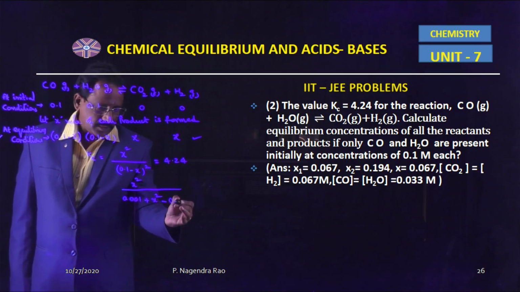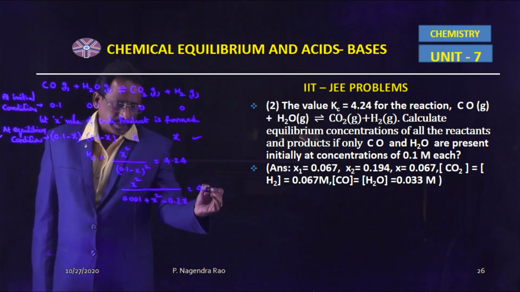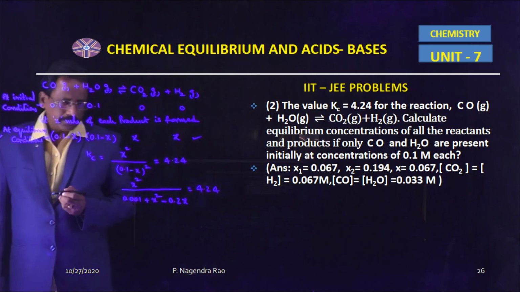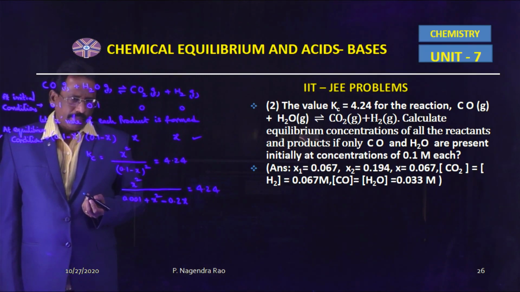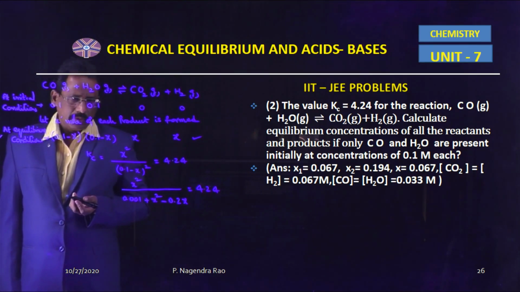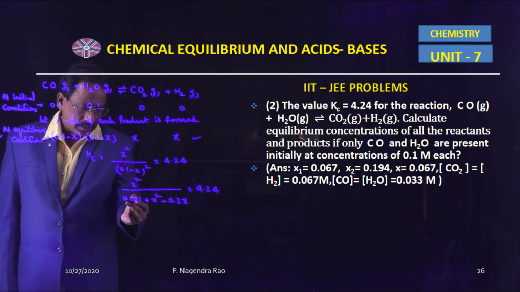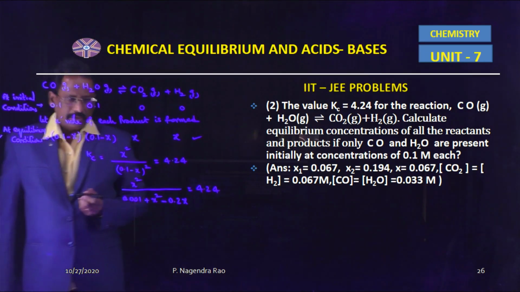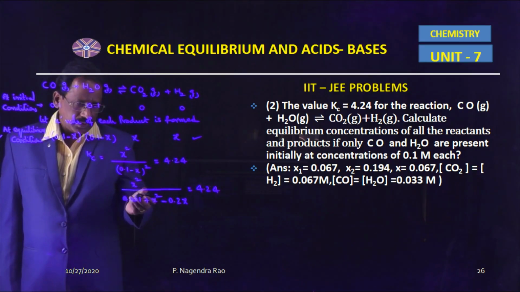So minus 0.2 into x is equal to 4.24. 0.1 into 0.1 is 0.01, not 0.001.